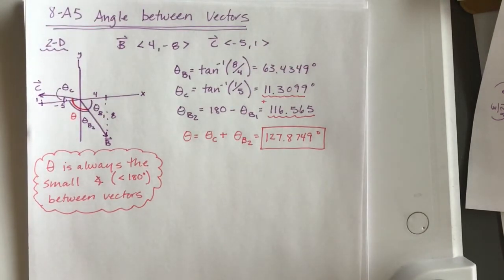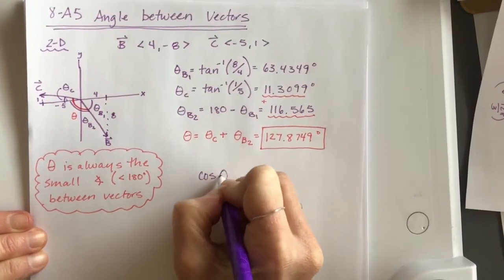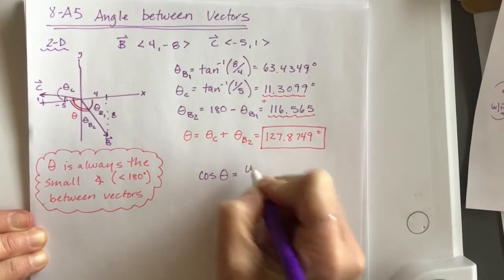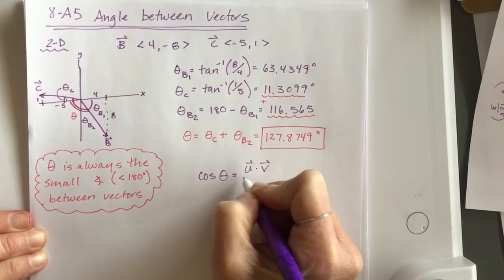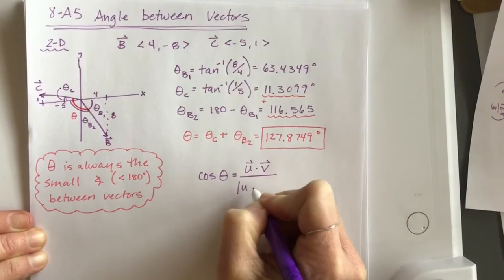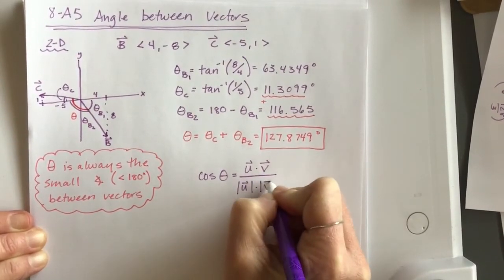There is also a really cool formula for this. If you don't like to draw the picture, which I know a lot of you don't, there is a formula. Cosine of theta is equal to the dot product between the two vectors, in general called u and v, divided by the magnitude of u times the magnitude of v.